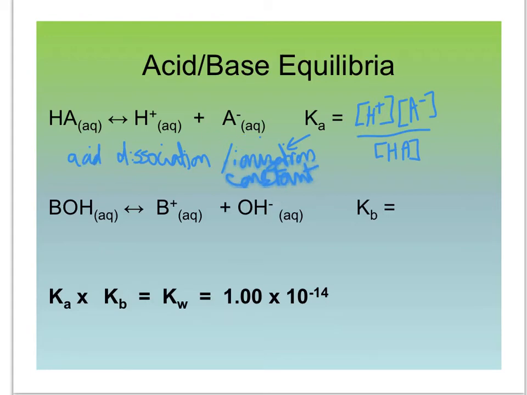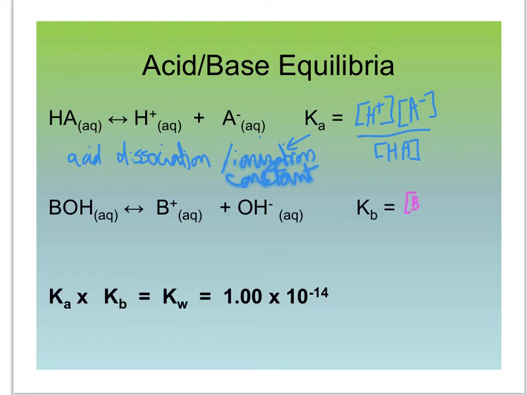Similarly, a weak base, BOH, again, this is not boron, this is just the generic example of a base, partially dissociates into B plus and OH minus, so a little bit of B plus and a little bit of OH minus are produced, but the majority of it remains as BOH. If I wanted to write the Keq expression for this, again, I'd write products over reactants raised to the power of their coefficients.